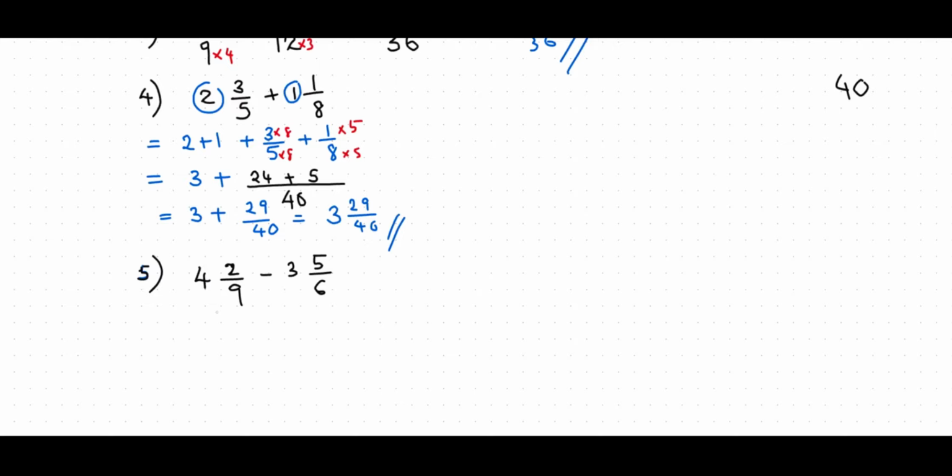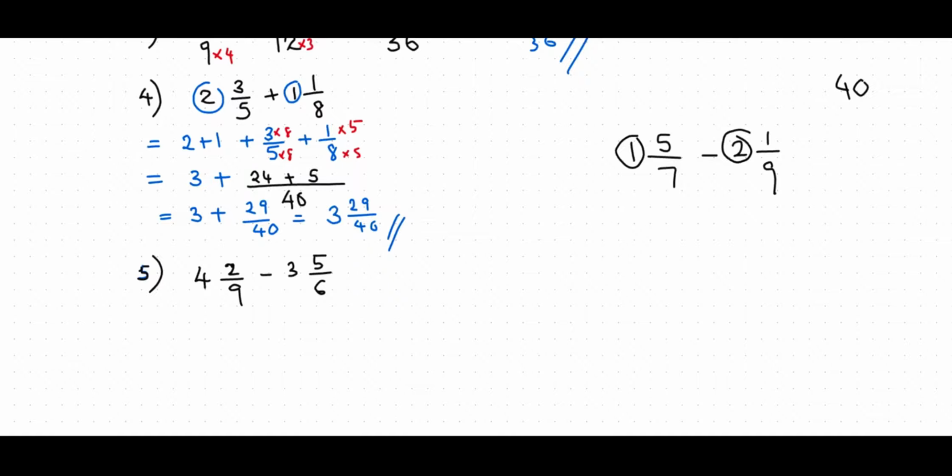If it's like 1 and 5 over 7 minus 2 and 1 over 9, the whole numbers give 1 minus 2, which is a negative answer. If the whole numbers give negative answers this way, don't follow this method. Convert them into improper fractions and subtract.